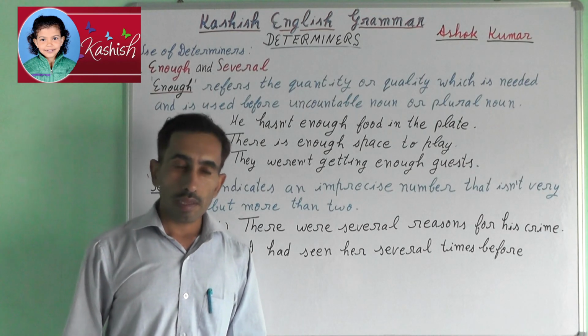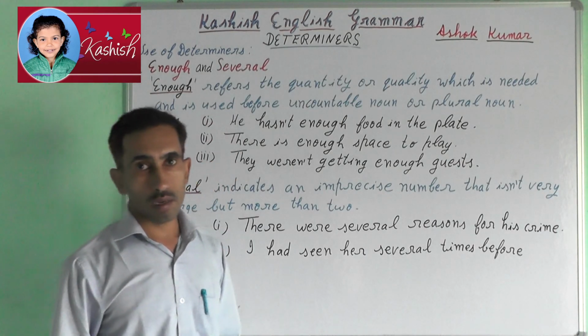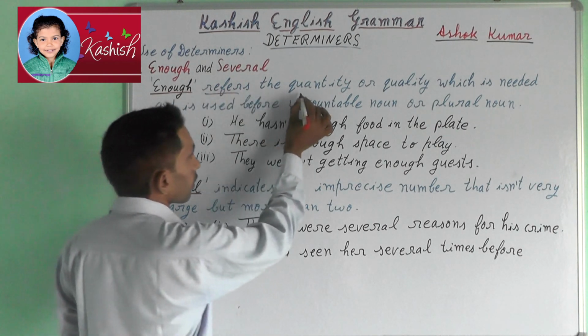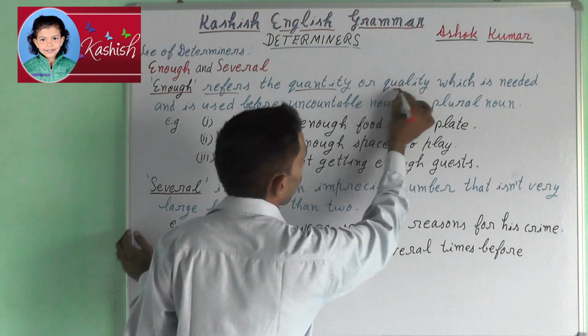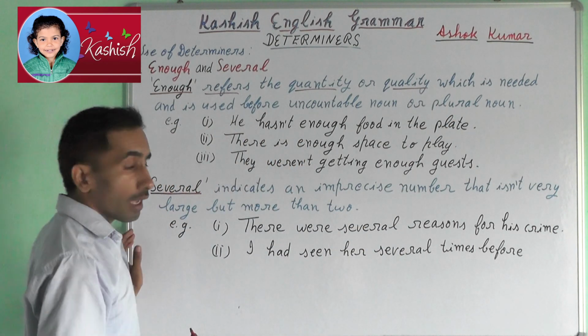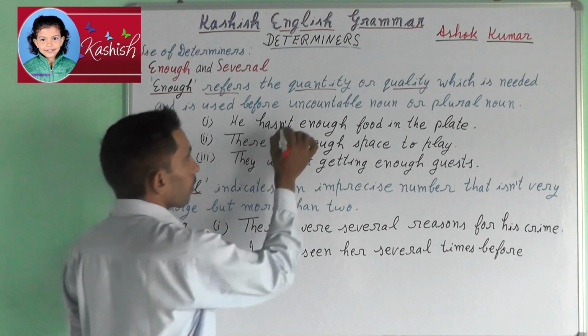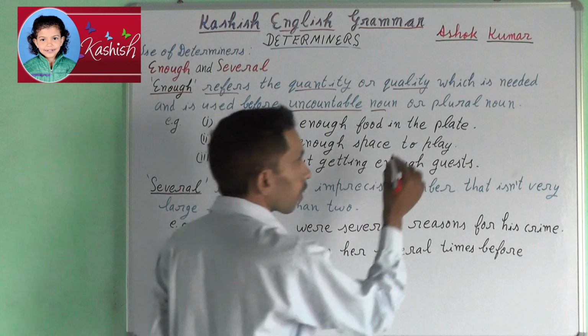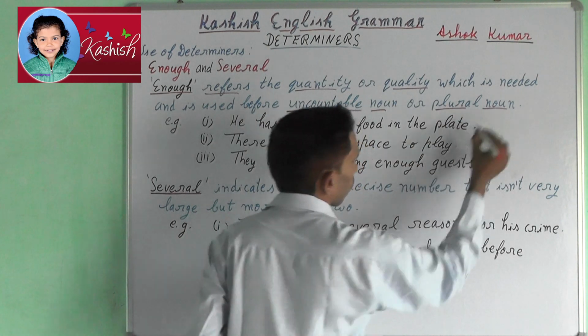Tenth, enough and several. Enough refers to the quantity or quality which is needed and is used before uncountable nouns or plural nouns.